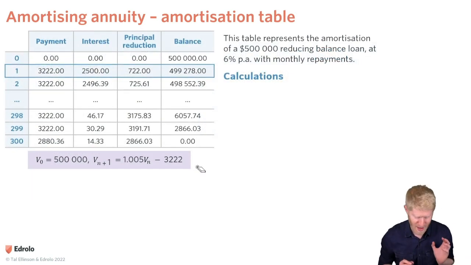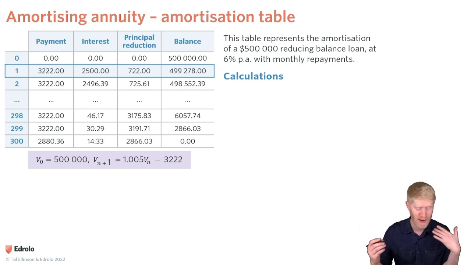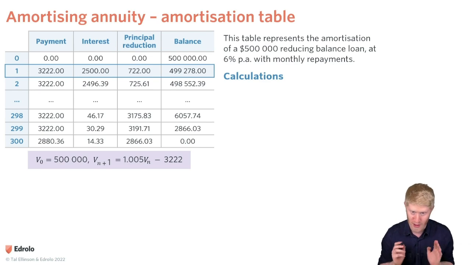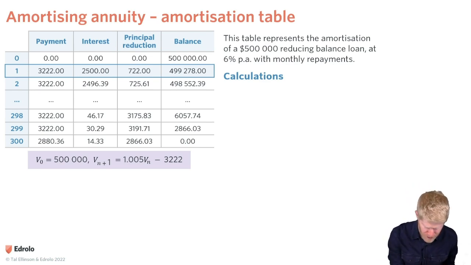All right, let's dive into some calculations to see where some of these numbers come from. If you've seen the equivalent slide in reducing balance loans, feel free to skip this because the calculations will be exactly the same. But let's say you've just opened up this video, you want to find out a little bit more about these annuities. I'll show you now what this amortization table does and how it works. Okay, so the first thing we want to be able to do is calculate our interest.